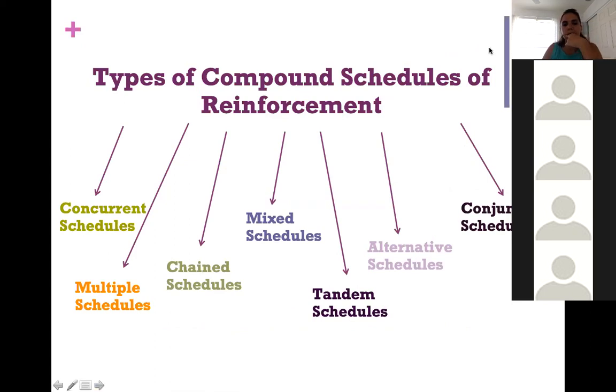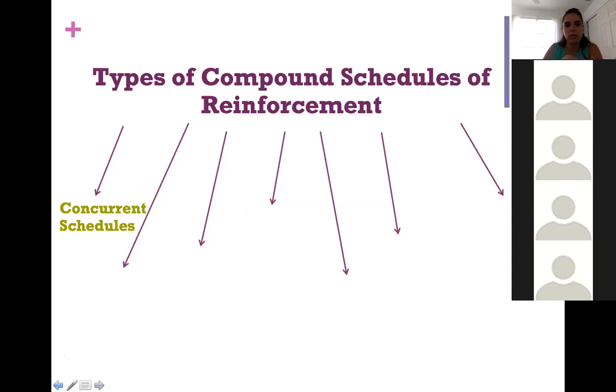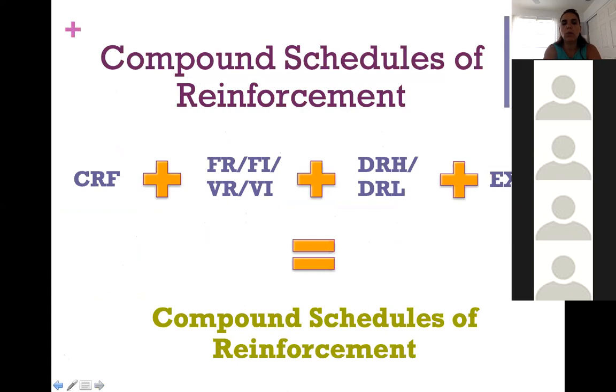Any questions? So I just want to go back to that equation. There's a question in the chat about what's a CRF. What is CRF? Continuous schedule of reinforcement, right?